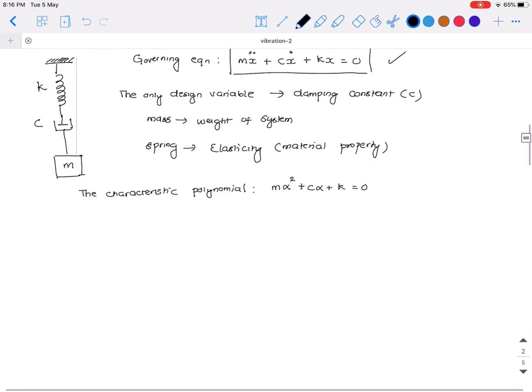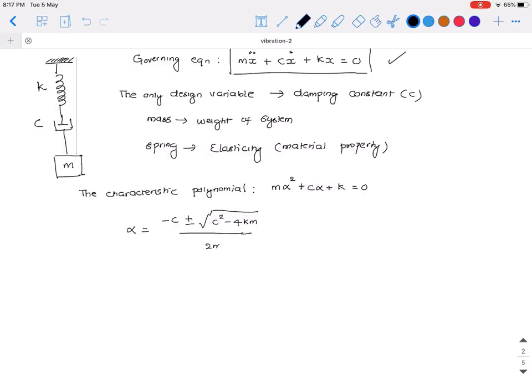Okay, so from here you can write alpha is minus c plus or minus the square root of c square minus 4km, by 2m, so that becomes minus c by 2m plus or minus the square root of (c by 2m) square minus k by m.